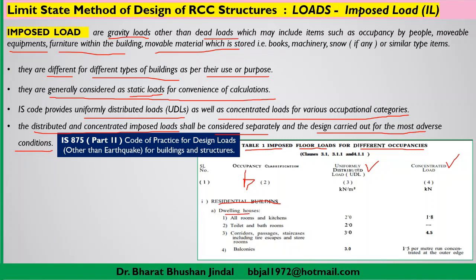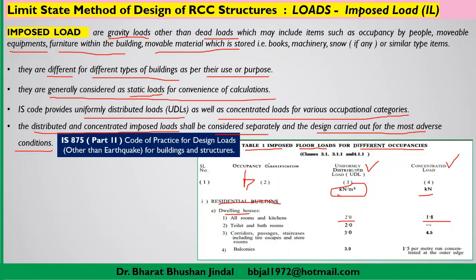Dwelling houses, all rooms and kitchens: you can take UDL as 2 kN per meter square as well as 1.8 kN for concentrated load. Now you can see here the unit system you have to take: because it is a concentrated load, the unit will be kilonewton, and when there is a UDL, uniformly distributed load, then the unit will be kilonewton per meter square.